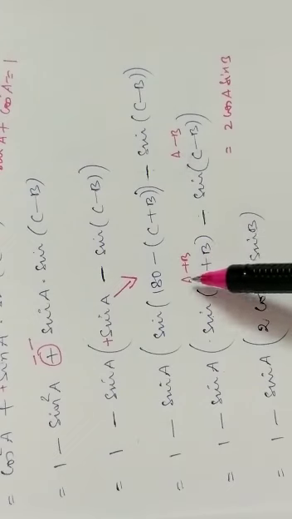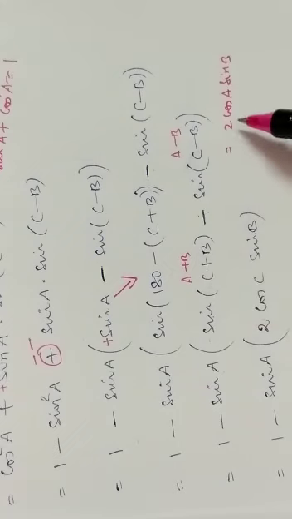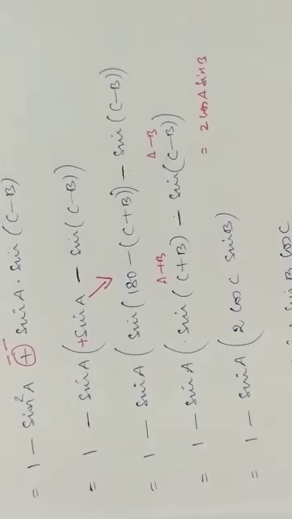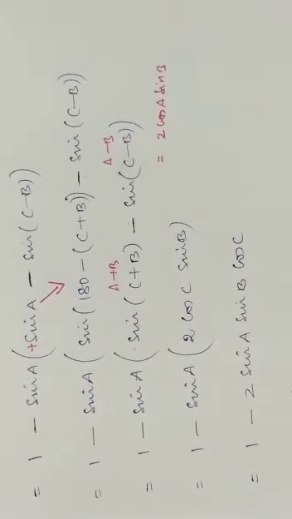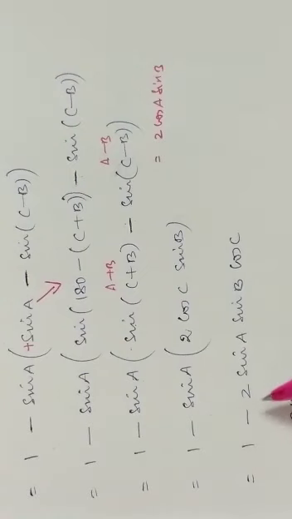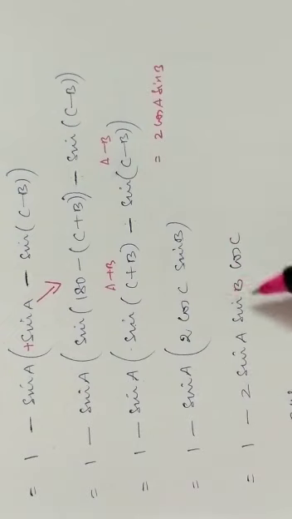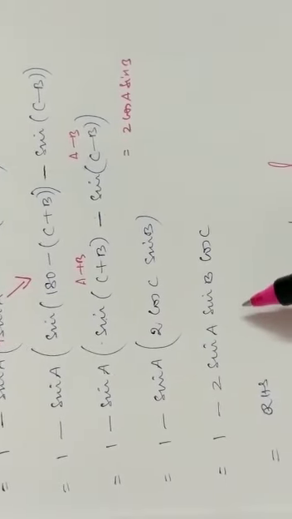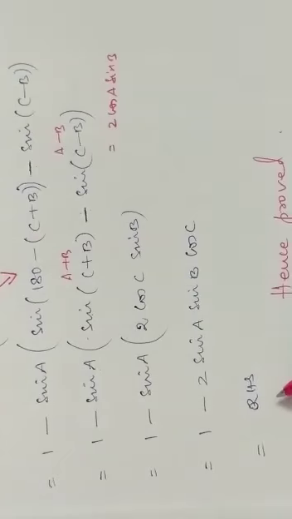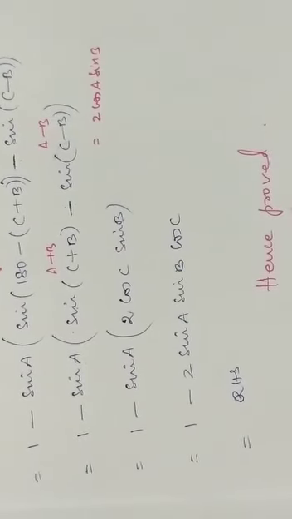Whereas in the place of A, you have to write C. So 2 cos C sin B. Now multiply: 1 minus 2, put it in the order, sin A, sin B, cos C. That's what we need in RHS. So I got RHS, hence proved.